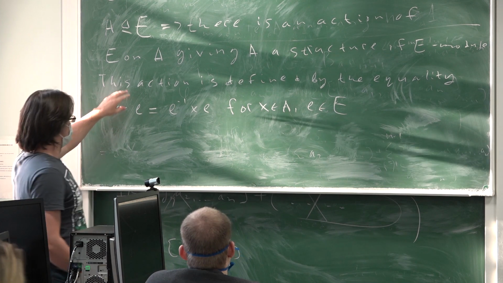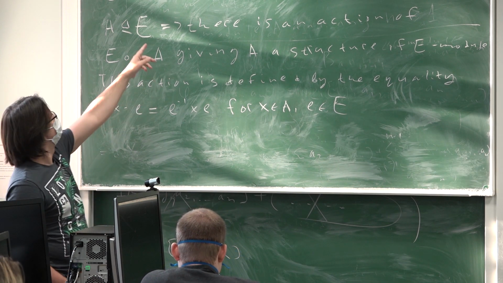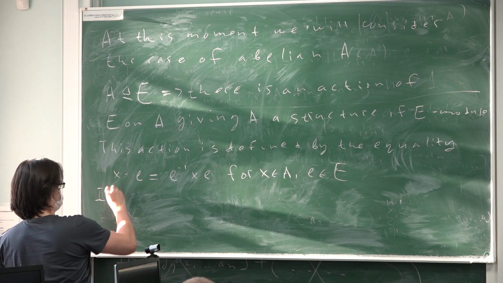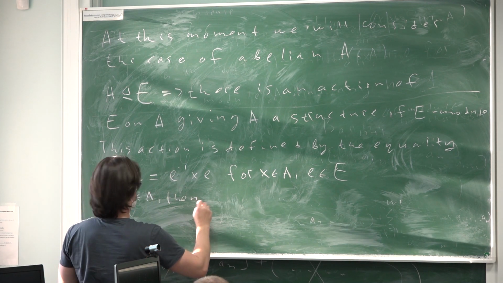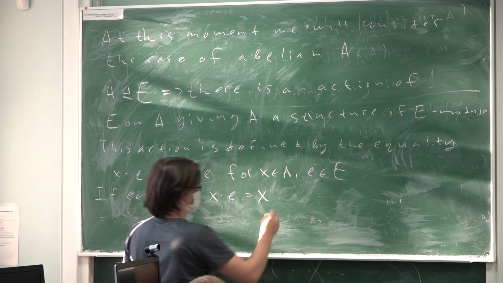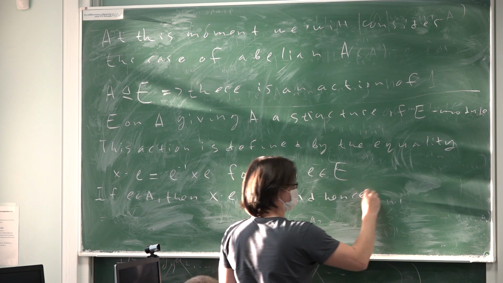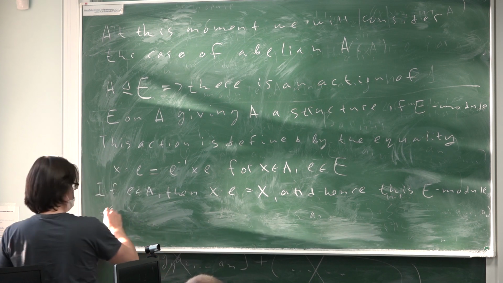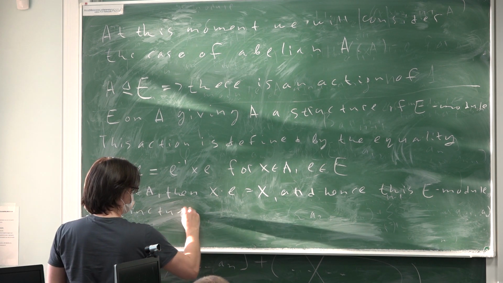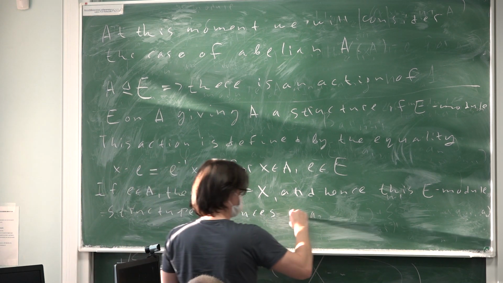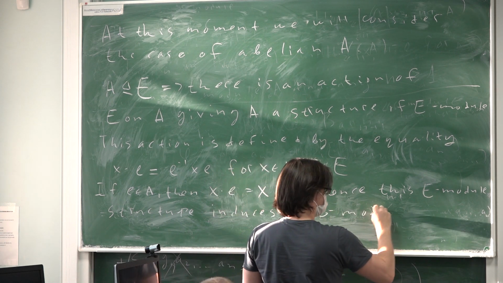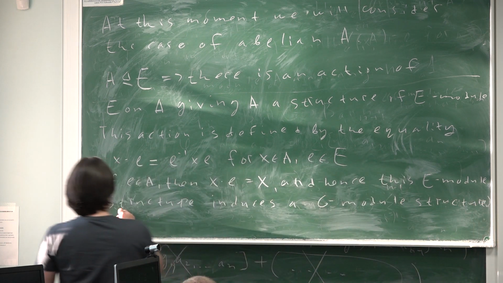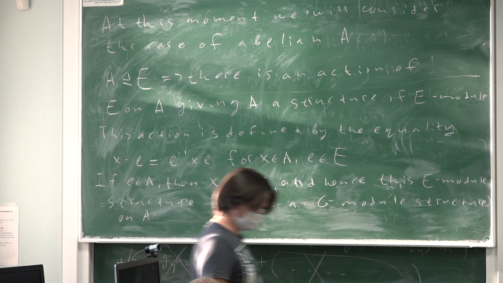And since A is abelian, if e is from A, so A is a subgroup of E, then x times e equals x, and hence this E-module structure induces a G-module structure on A. So, let us denote the maps by alpha and beta.